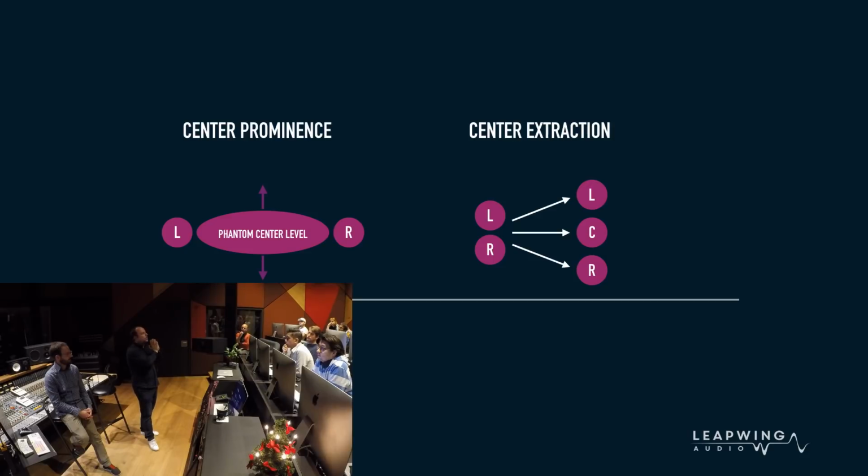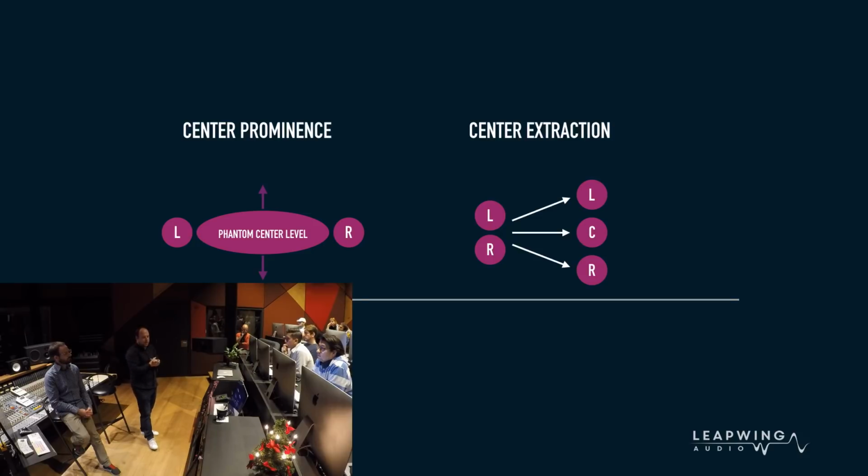So if you have an orchestral recording and you have violin, viola, cello, everything has its position. Whenever you change the level of the center, you don't want musicians to shift in their space. So for that, center prominence actually allows you to bring everything gradually forward and backwards. So that's the left side of the algorithm.